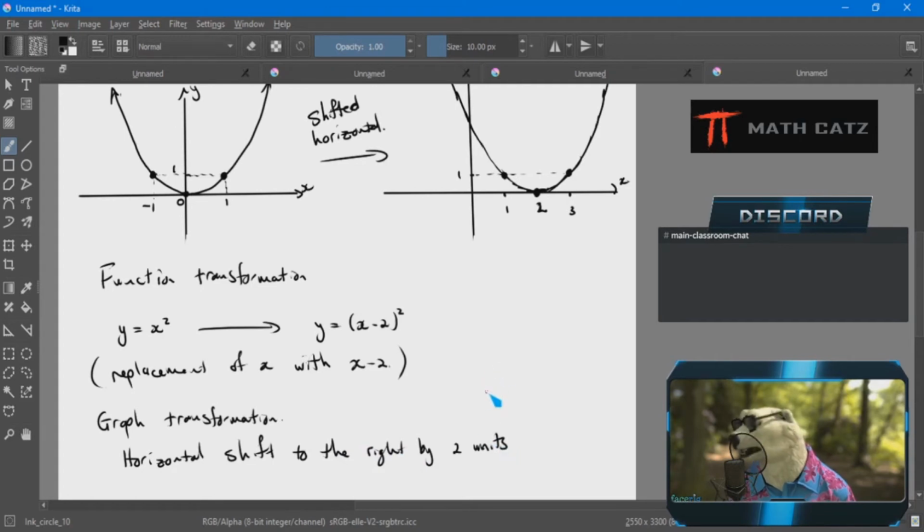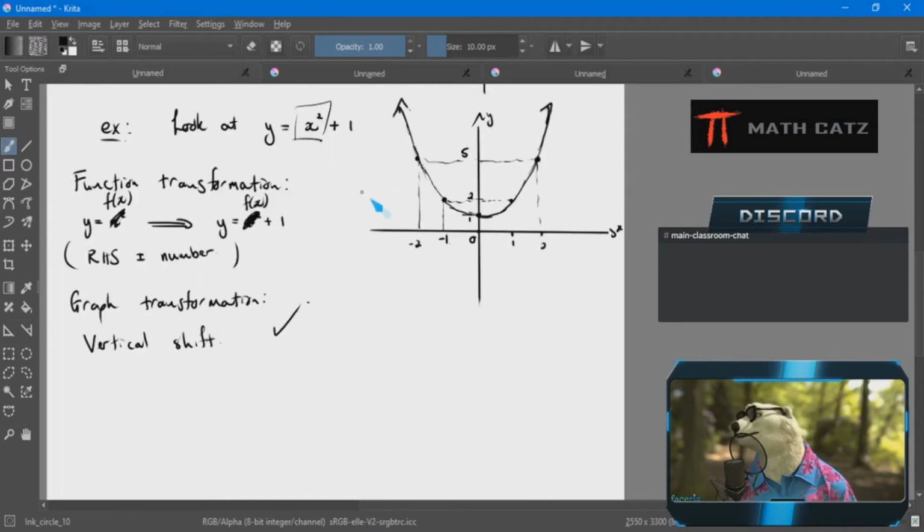So a couple of things here. It's maybe counterintuitive for some that even though it was a subtraction, x minus 2, I shifted to the right, in the positive x direction. I just have to make a mental note that it's opposite to what I might think. When I looked at the vertical shift, adding a number meant moving up the y-axis.